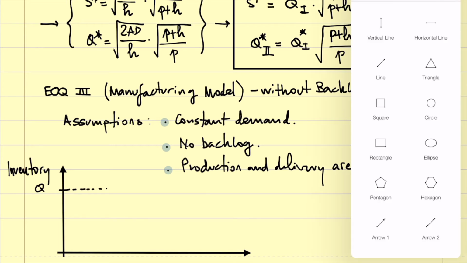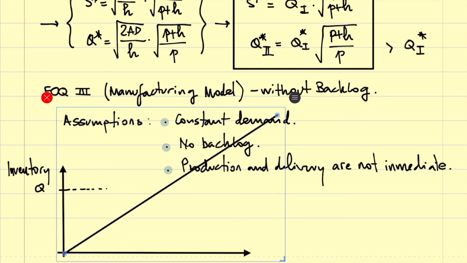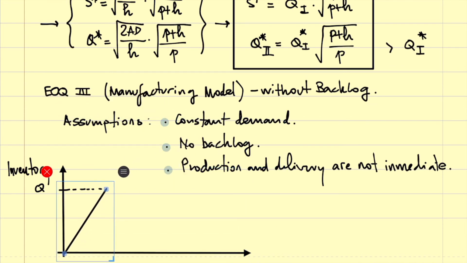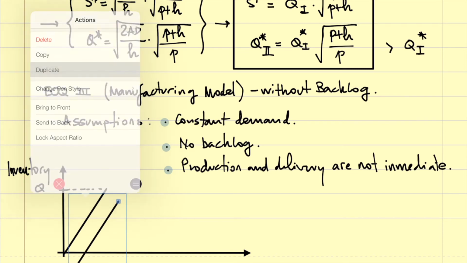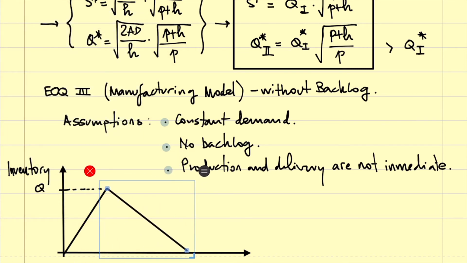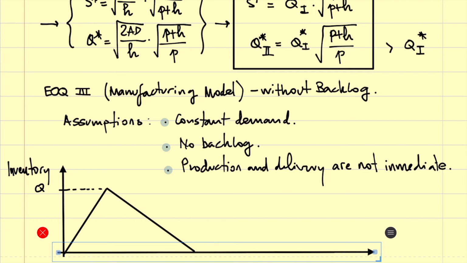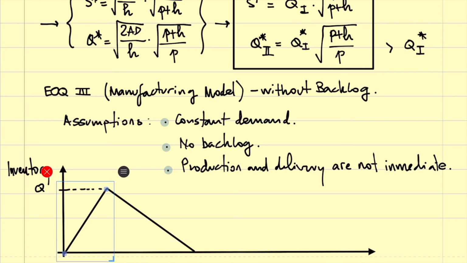And we start our inventory level at 0. And while we produce, we are also consuming. So our delivery is not immediate.